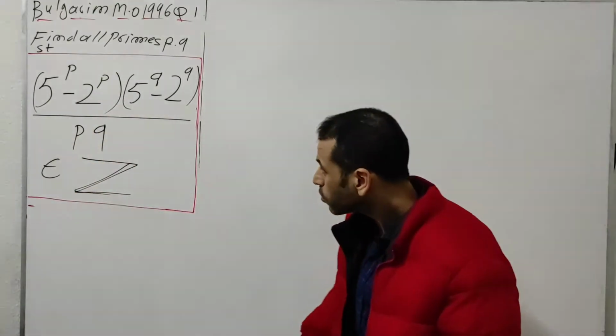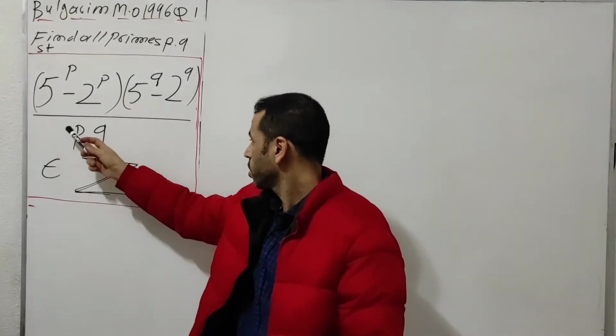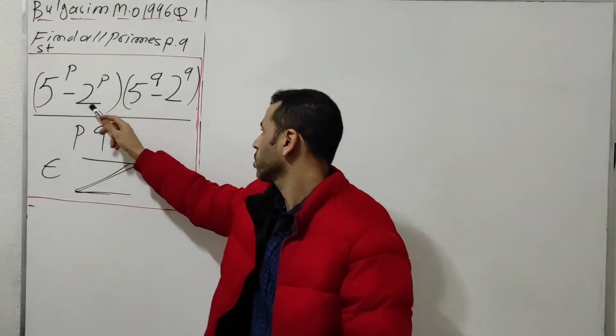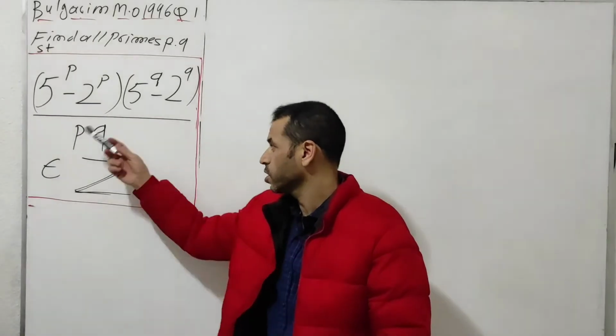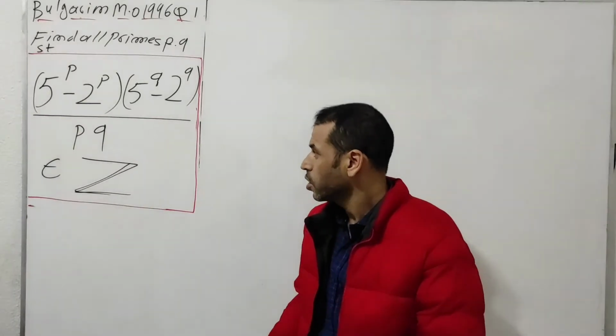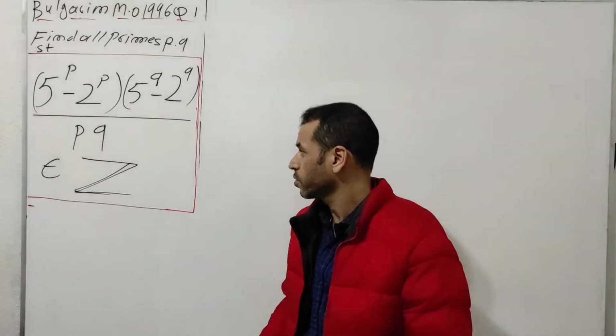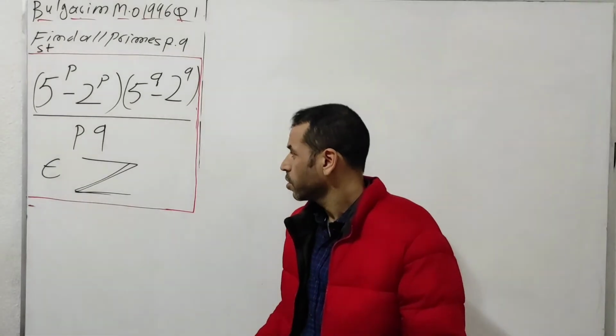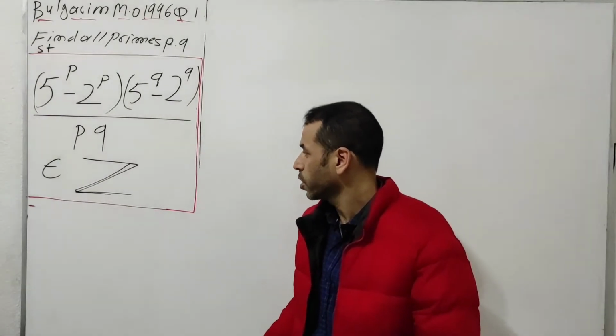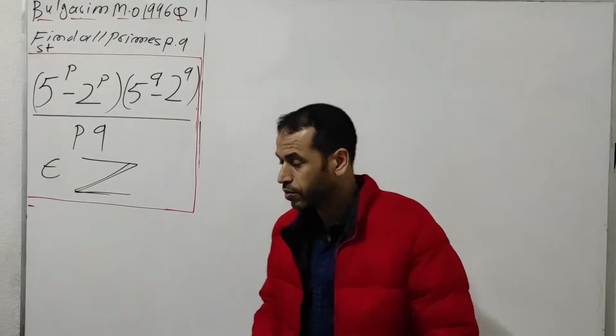In other words, p and q divide this product. In fact, this is a nice problem which is very beneficial and contains many arithmetic rules. We can see a lot of tricks in this problem.